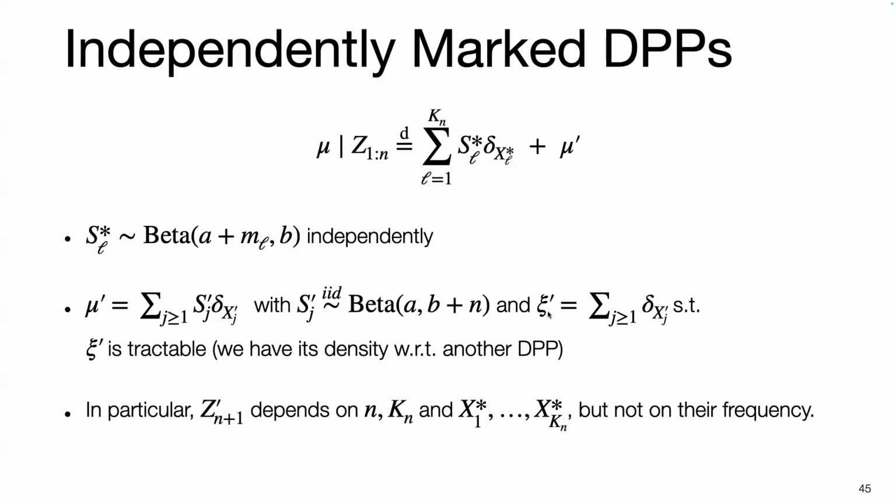In particular, we can show that the law of z prime n plus 1 depends on the sample size, on the number of distinct features and their locations, but not on how many times each feature appears.